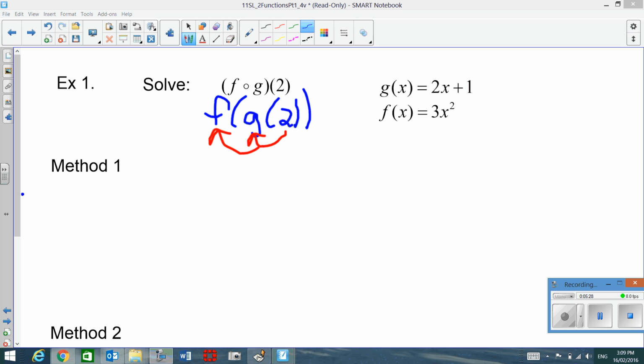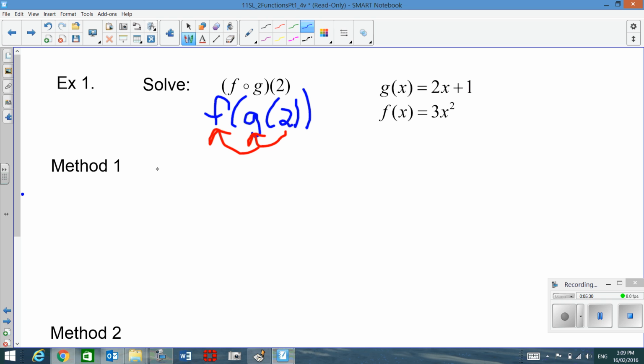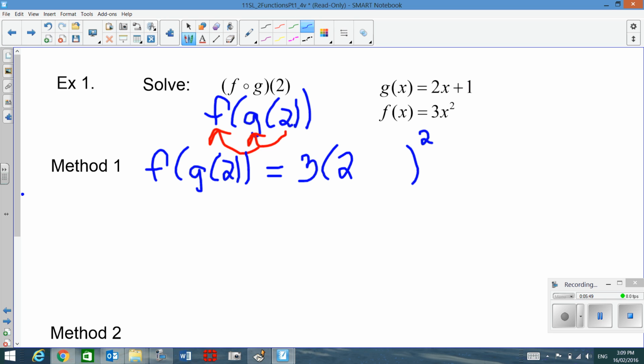So the first method that we can do is to take our f, and basically I'm just going to write this out, f of g of 2. And I'm going to take f, which is 3 times x to the second power, but in place of that x, I'm going to put g, which is 2 times x plus 1.